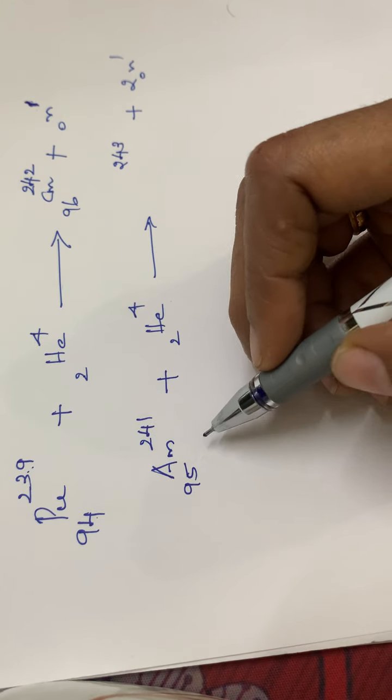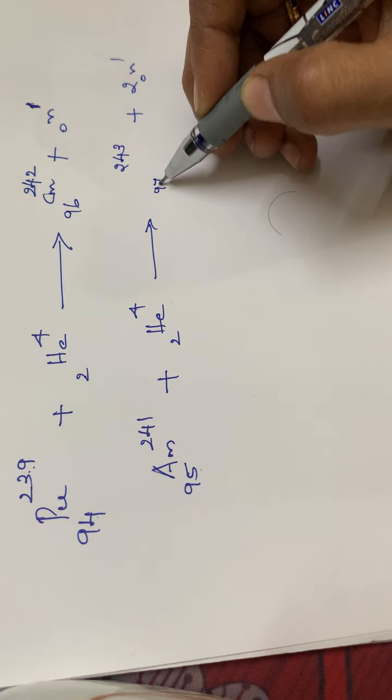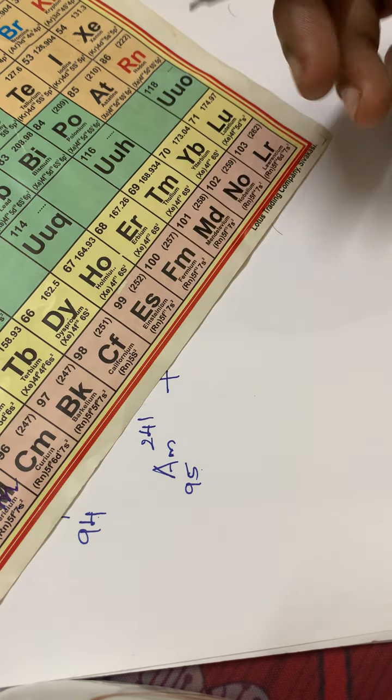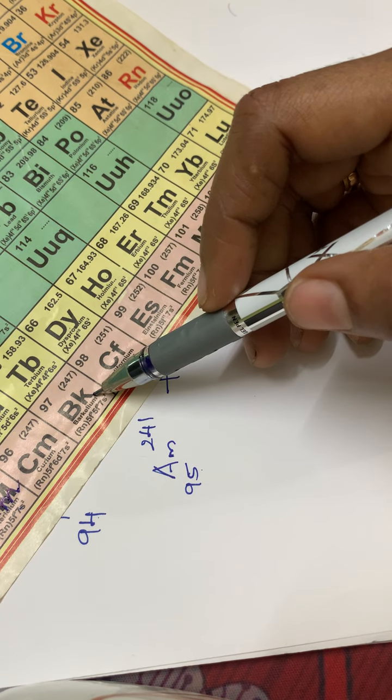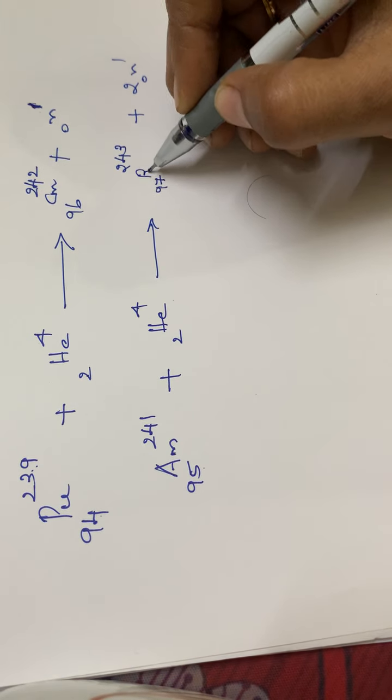Then the atomic number is 95 plus 2, 97. So the element with atomic number 97 is berkelium, Bk.